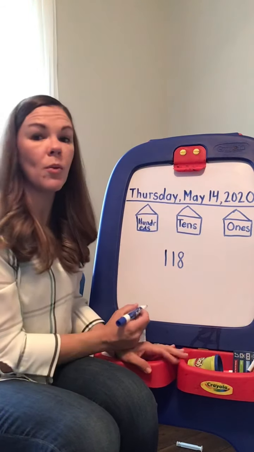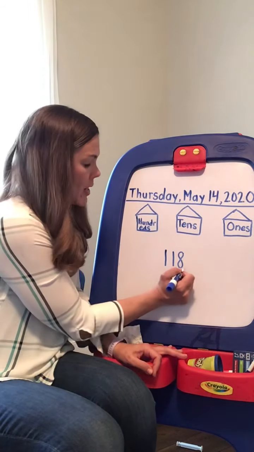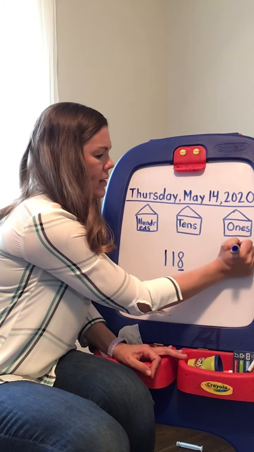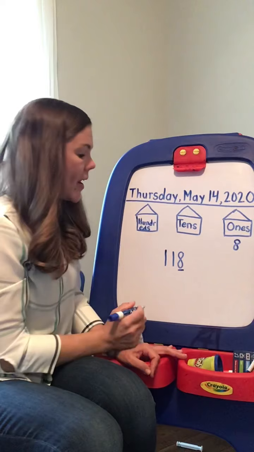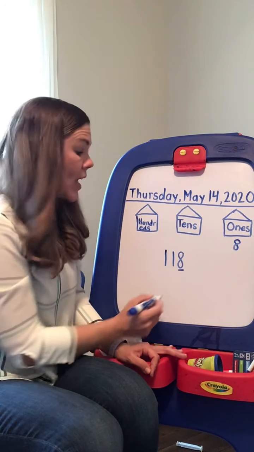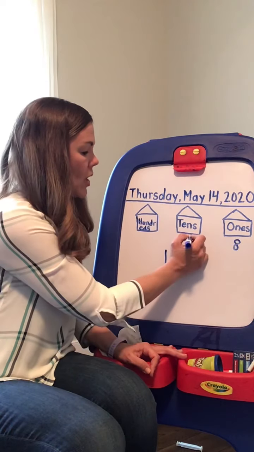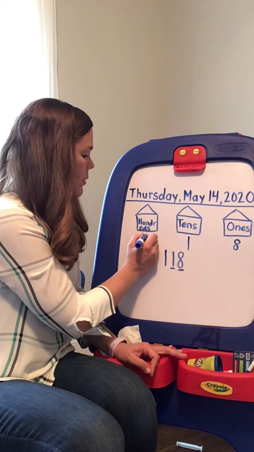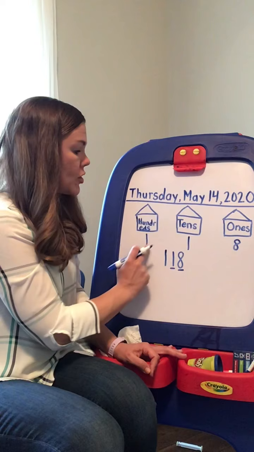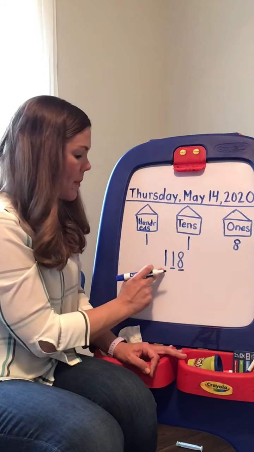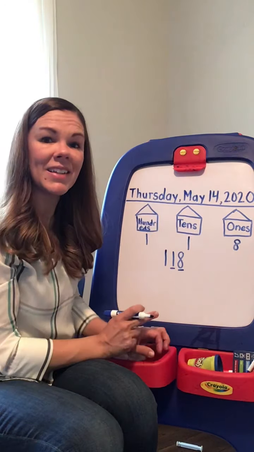Well, we know that the ones is the last house on the street, which means it is this one. There are 8 ones. And how many tens are there? Well, the tens house is right next to the ones house. So here's our tens house. There's 1 ten and there's 1 one. 100, 10, and 8 ones makes the number 118.